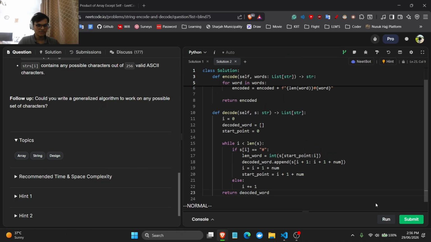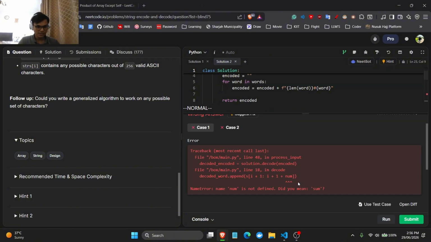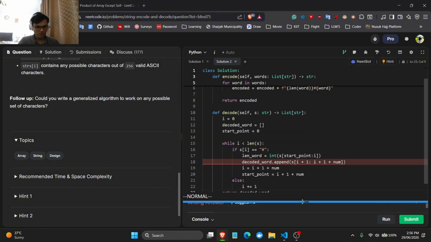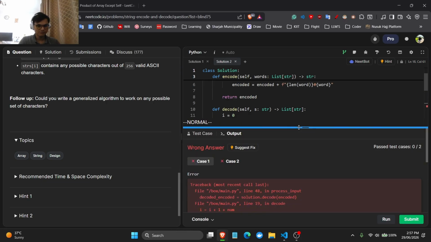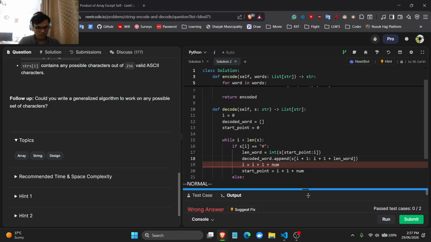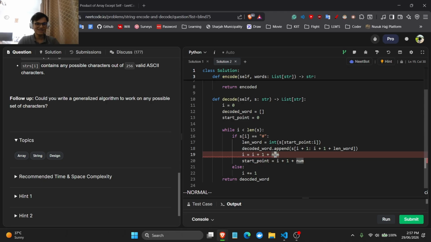Okay, let me run the test cases again. Again, there's an issue. My bad, that is wrong, sorry, that's a mistake. Where? Oh, again length word, my bad.